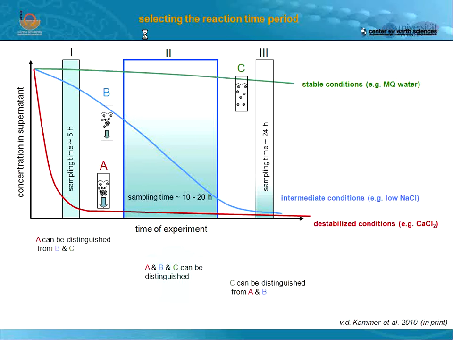We were then doing the same experiments on 30 nanometer gold nanoparticles, much smaller, much higher number at the same concentration. To reach the same kind of reaction speed or aggregation speed, we needed to set the concentration here to 1.5 milligram per liter. So we first have to investigate the correct reaction environment in terms of concentration of the particles.